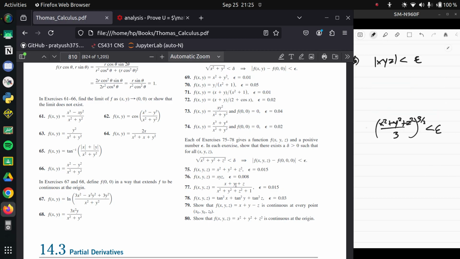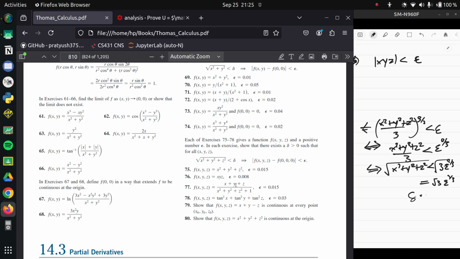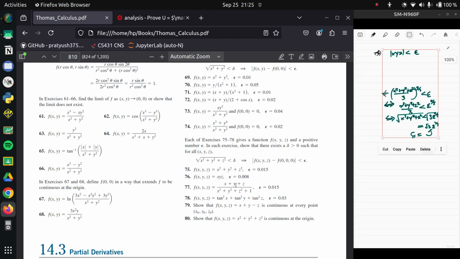From there you can do some reverse implications. Actually this is just a bijection, in fact, and this is a bijection. So we'll just set delta to be equal to this quantity. Amazing. Next.